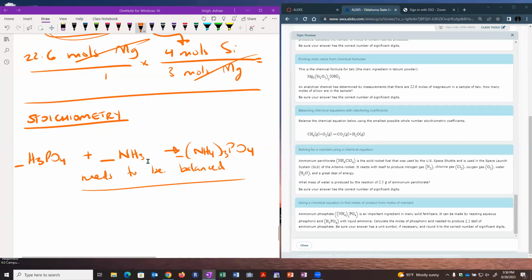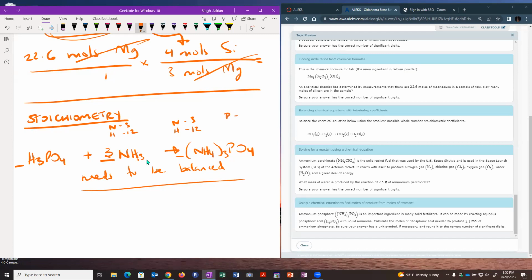And again, just by inspection, on the right side, we have 3 nitrogens. We have 1 nitrogen on the left. So if I stick a 3 in front of this, that gives me now 3 nitrogens. How many hydrogens do I have on the right side? I have 4 times 3 is 12. Hydrogens on the left, I have 3 times 3 is 9, plus this 3 is 12.